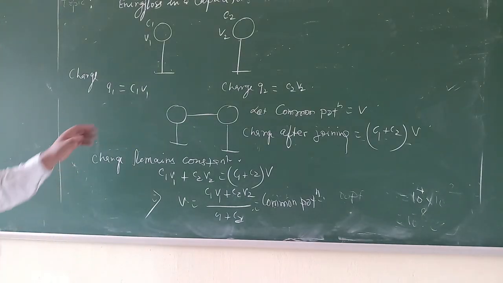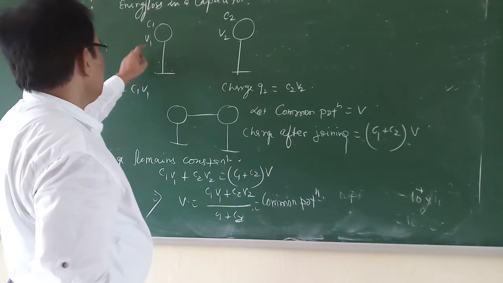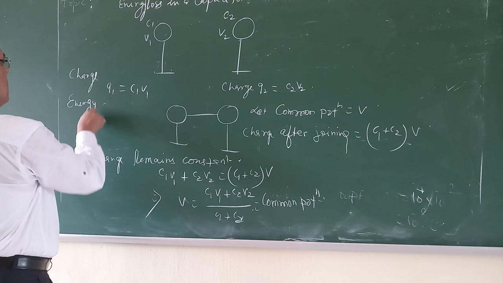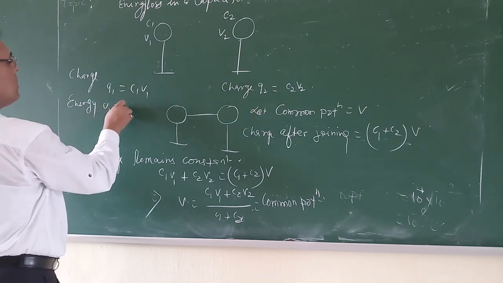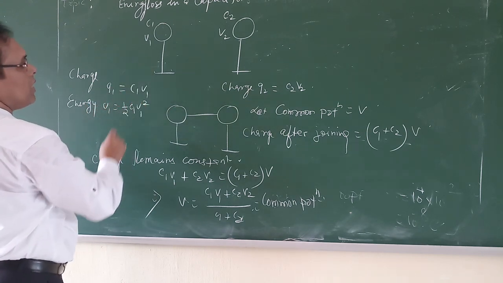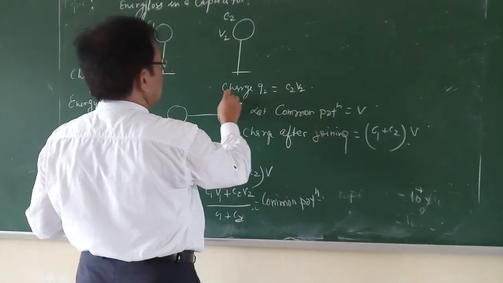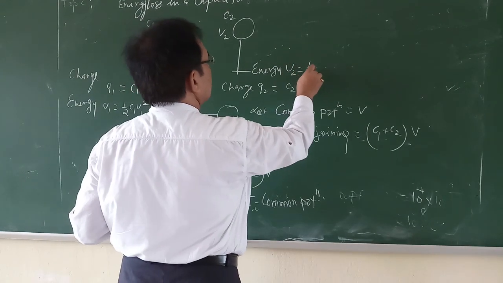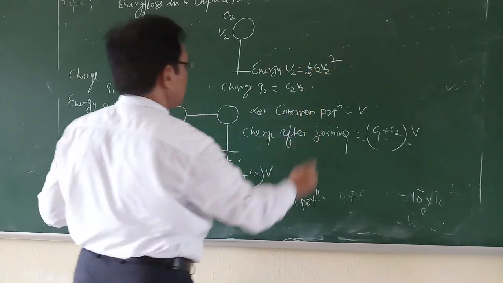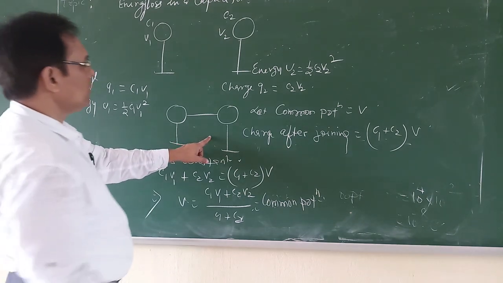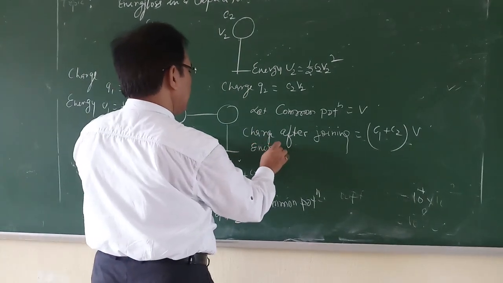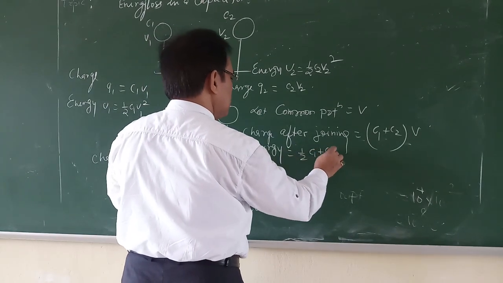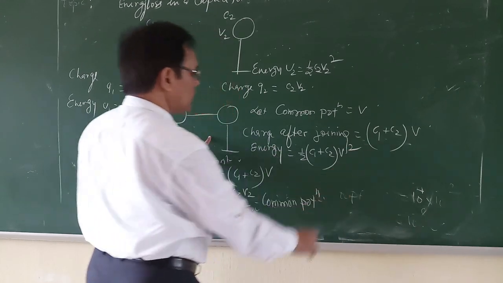After finding the common potential, find the energy. Energy of this capacitor U1 equal to half C1 V1 square. Here also energy U2 equal to half C2 V2 square. And energy after joining is half C1 plus C2 into V square.